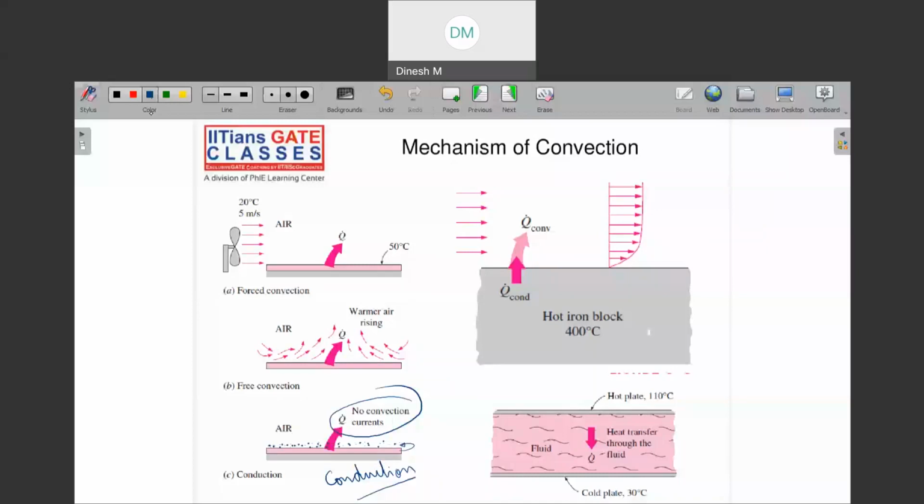See, here what I have shown you is that your plate was heated, right? Let us say, for example, that my iron block is there and it is at a temperature of 400 degrees Celsius, and let us say that air at 30 degrees Celsius is coming into the picture. Then what happens is that there is a layer which comes into the picture and attains the velocity of the plate, right?